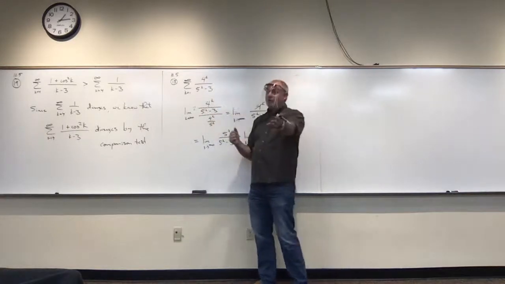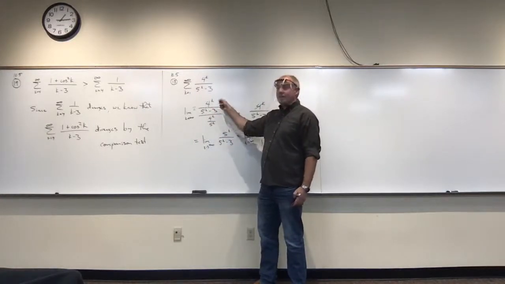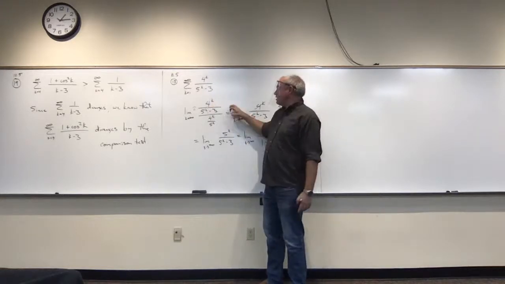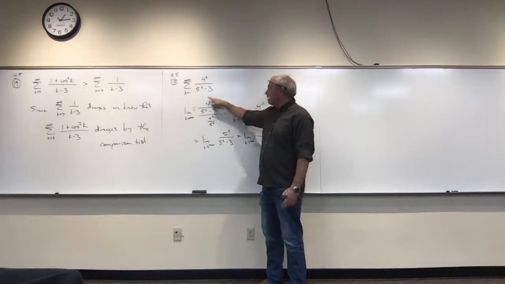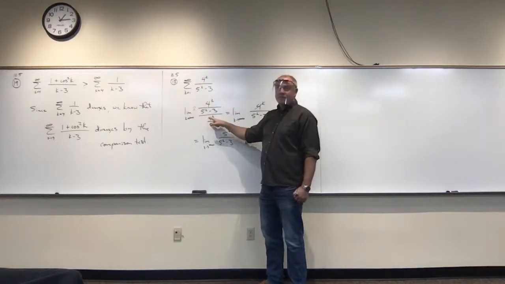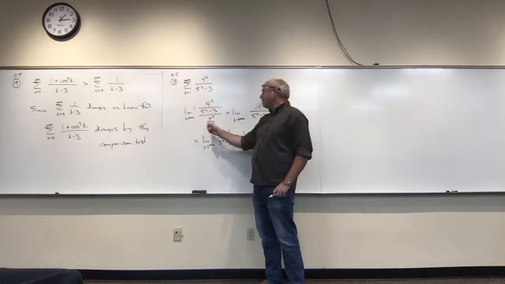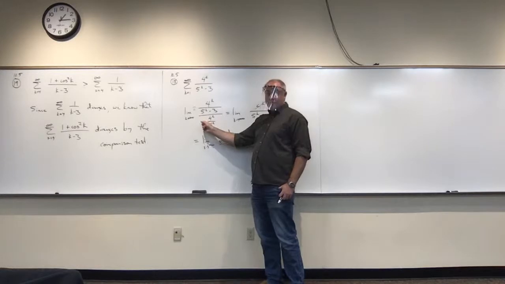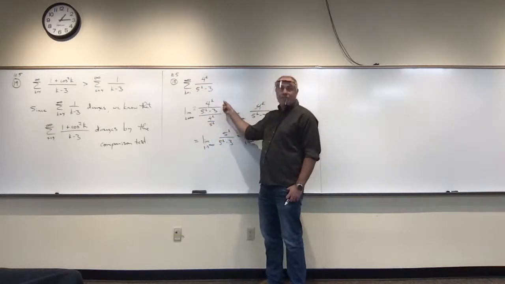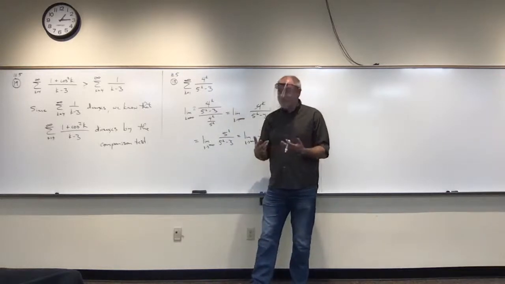So that's the rule: if you get infinity and this one diverges, this one diverges. The other way around, if this goes to 0, that means this is much smaller than that one. If the big one converges, then the much smaller one must also converge. So the rules do make sense.